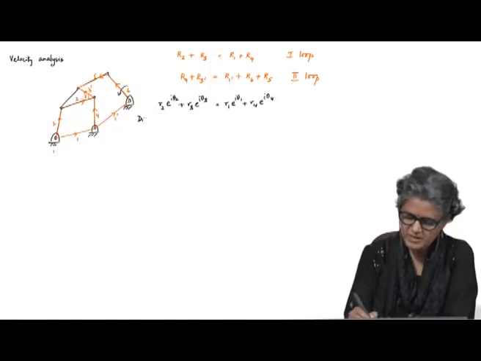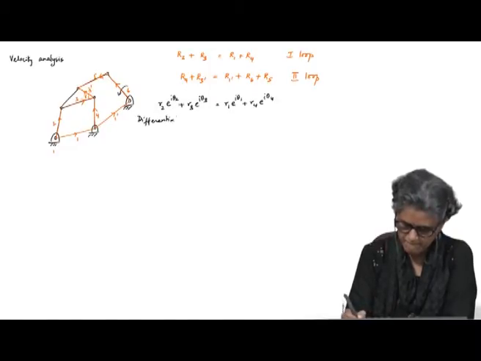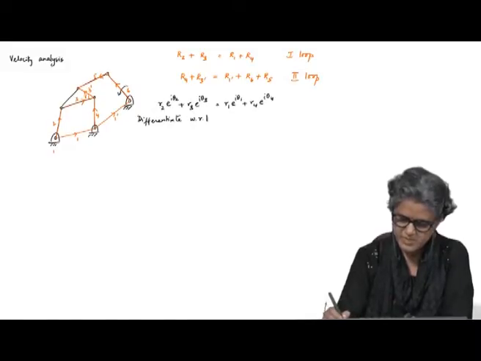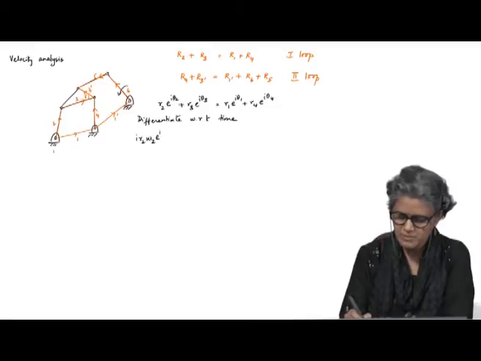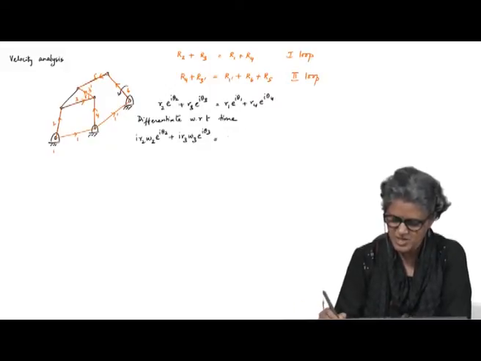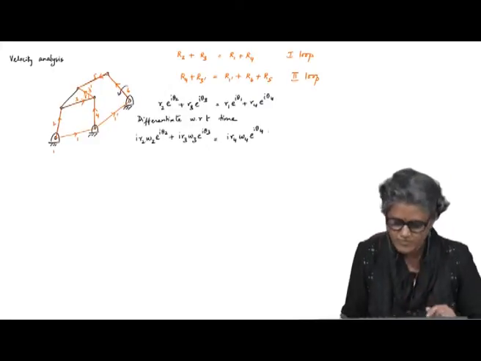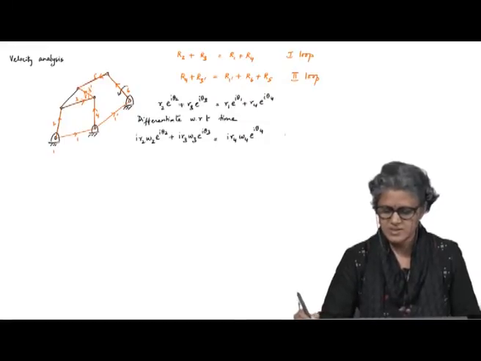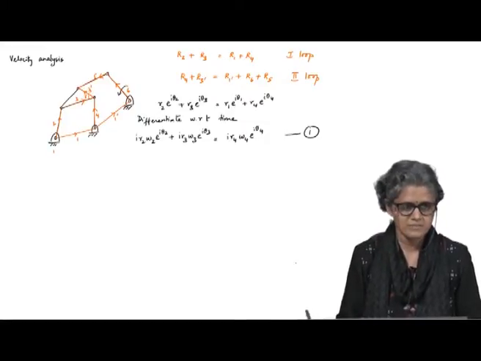Then when I differentiate this with respect to time, I get i R2 omega 2 e power i theta 2 plus i R3 omega 3 e power i theta 3 equals, R1 does not change, I get i R4 omega 4 e power i theta 4. Okay, so this is one velocity equation.